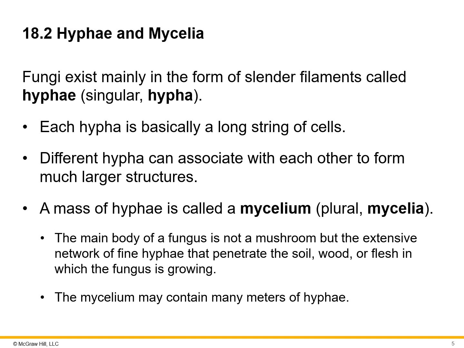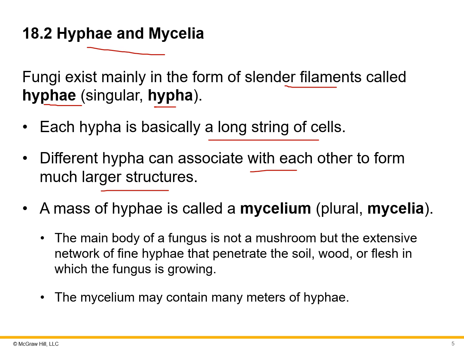They form these structures unique to fungi called hyphae and mycelia. So the fungi have these slender filaments called hyphae or hypha for singular. And they're essentially long strings of cells, and different ones associate with each other to form these large structures.